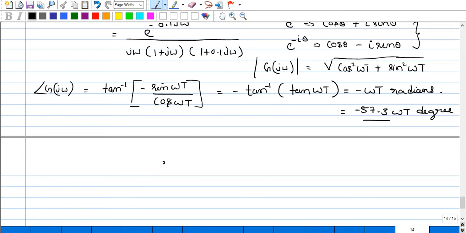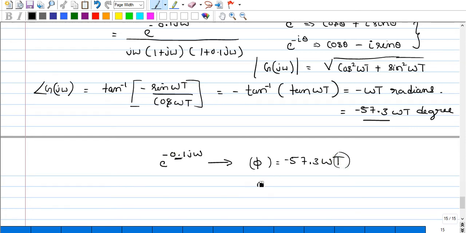e raised to minus 0.1 j omega, so straight away you can write this in the form of the angle, which will be minus 57.3 omega t. So what is t here? T is nothing but 0.1.